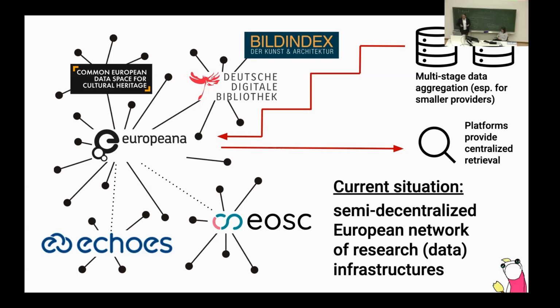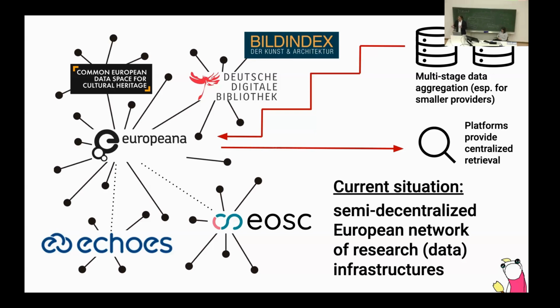So for us, it's always about what the platforms provide as services that we can use. For a cultural heritage institution itself, it's difficult to develop their own search application.